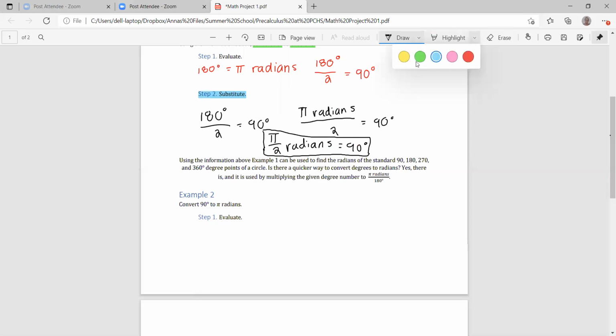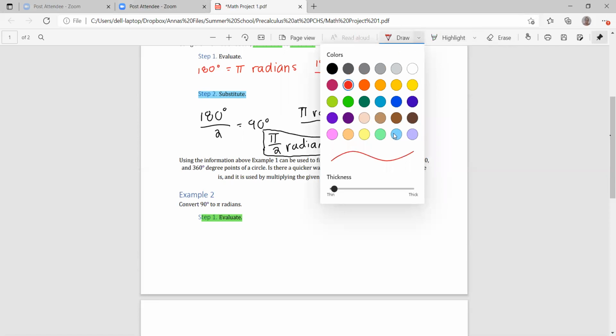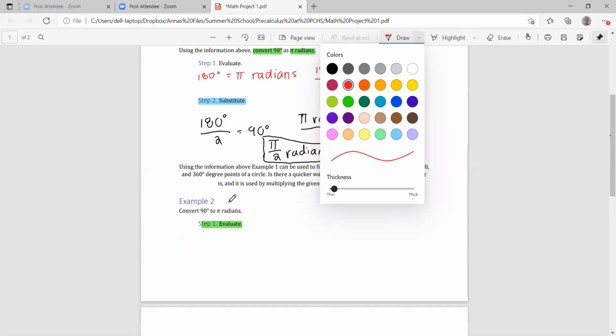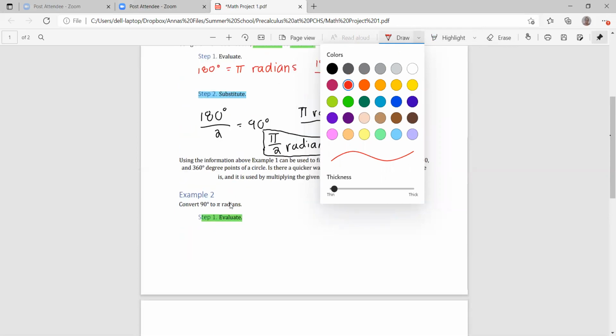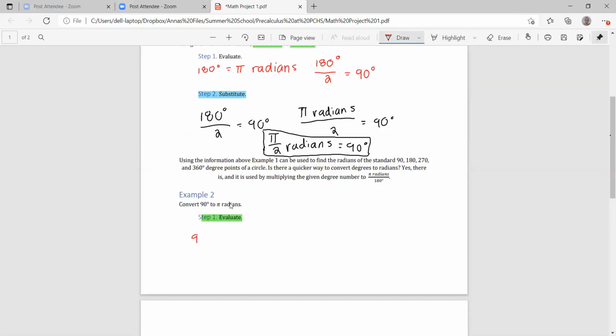So what we're going to do is the same step. We're going to evaluate what we know. All right. So what do we know? We know that we have 90 degrees, and we're going to multiply it by this fraction right here.